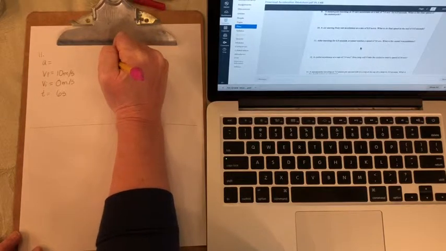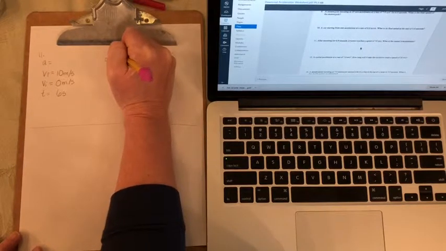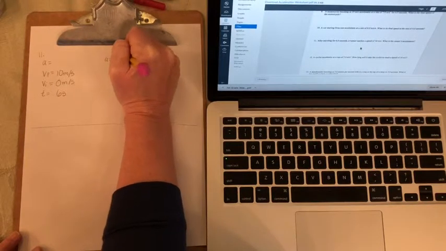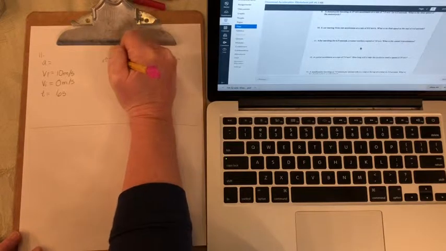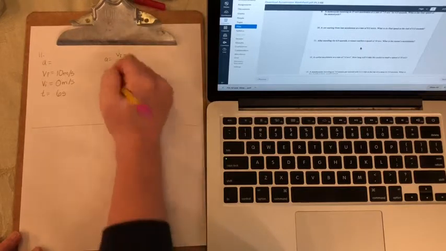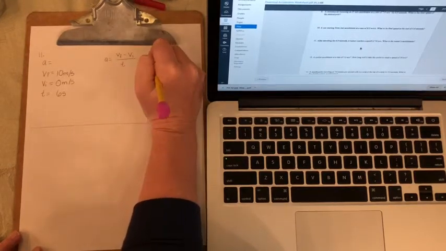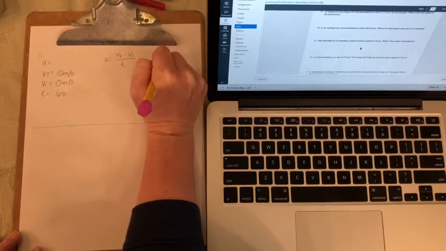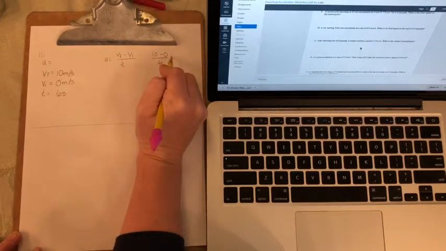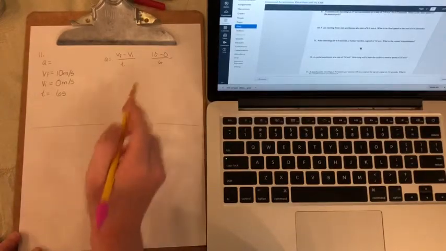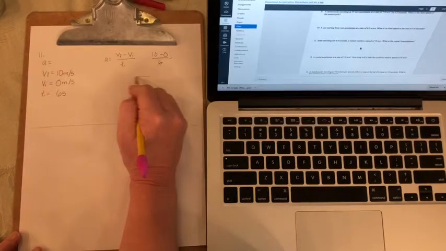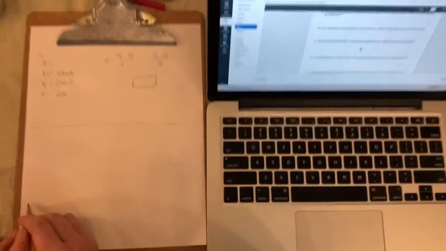So using this equation that you have used a lot, V final minus V initial over time, you're going to get 10 minus 0 over 6. And you're simply going to divide that out, and you're going to get an answer. And you're going to put that answer here.